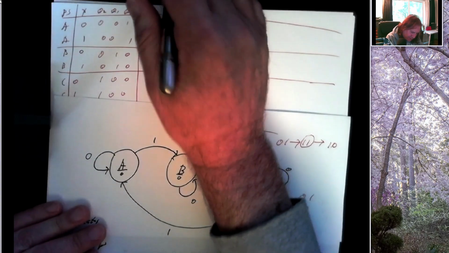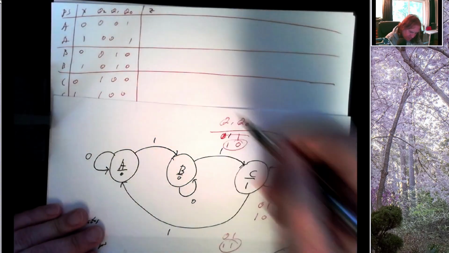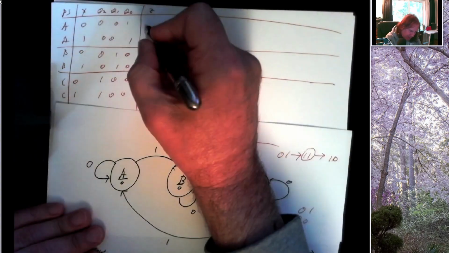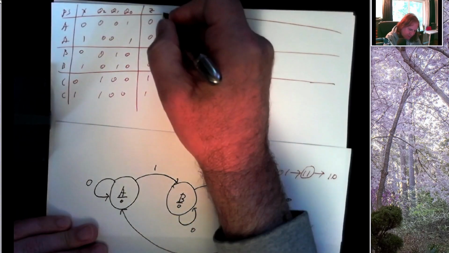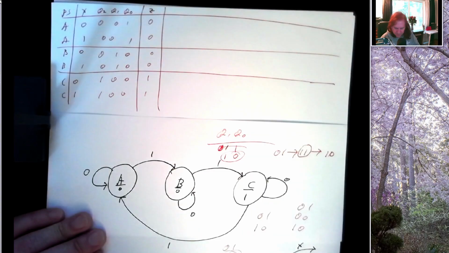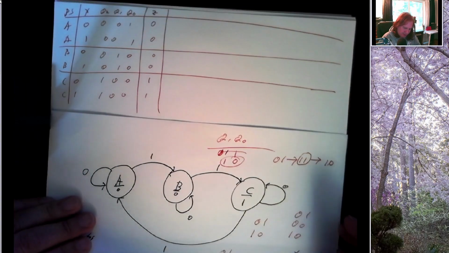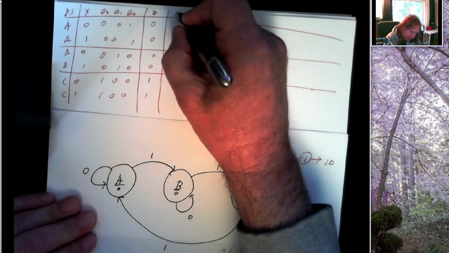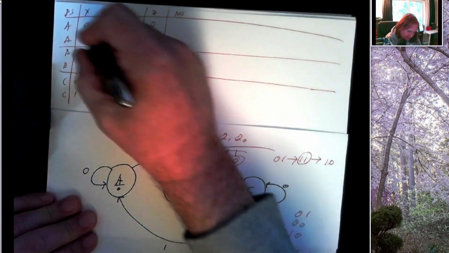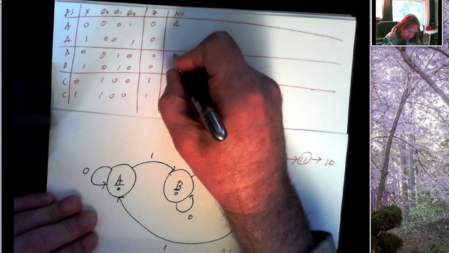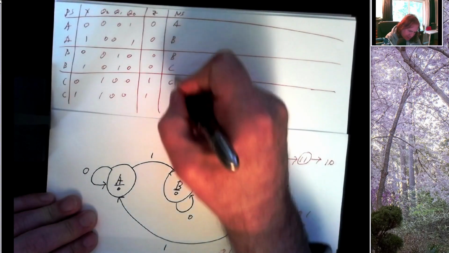And so we can list our output based on the present state. So our output Z, well, if we're in A or B, our output should be 0. And if we're in C, our output should be 1. And then we can list what the new state is. So again, if our input is a 0, we're in a hold pattern. If our input is 1, we move to the next state.